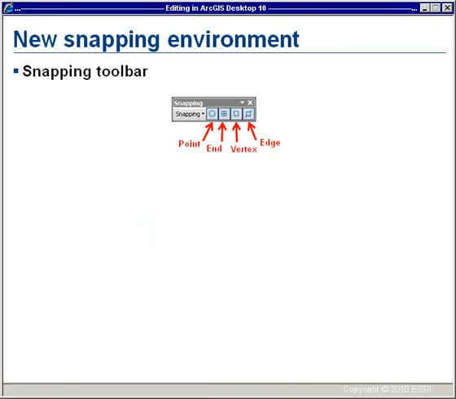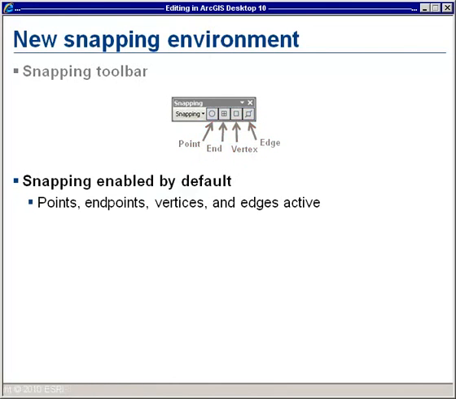Remember earlier on we talked about the new snapping environment and the new snapping toolbar. All the settings that you need with snapping are now located on this snapping toolbar. And you see we have the different types of snapping available here. We can turn off any type of snapping that we don't need, but all the snapping types are enabled by default, and also snapping is enabled by default.